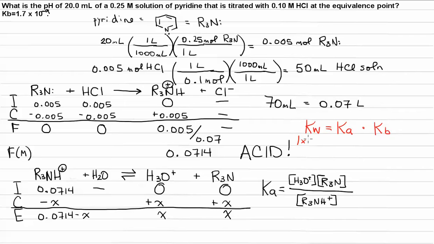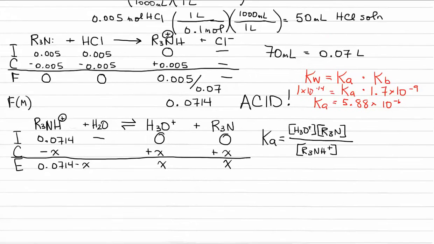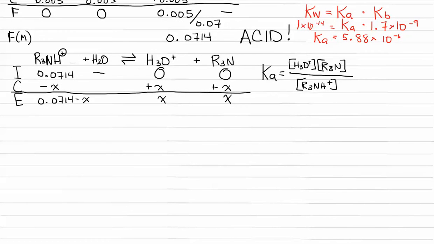So that's going to be 1 times 10 to the minus 14th equals the Ka times 1.7 times 10 to the minus 9th. That gives us the Ka for this acid of 5.88 times 10 to the minus 6th. Now we are ready to plug things into this Ka expression.